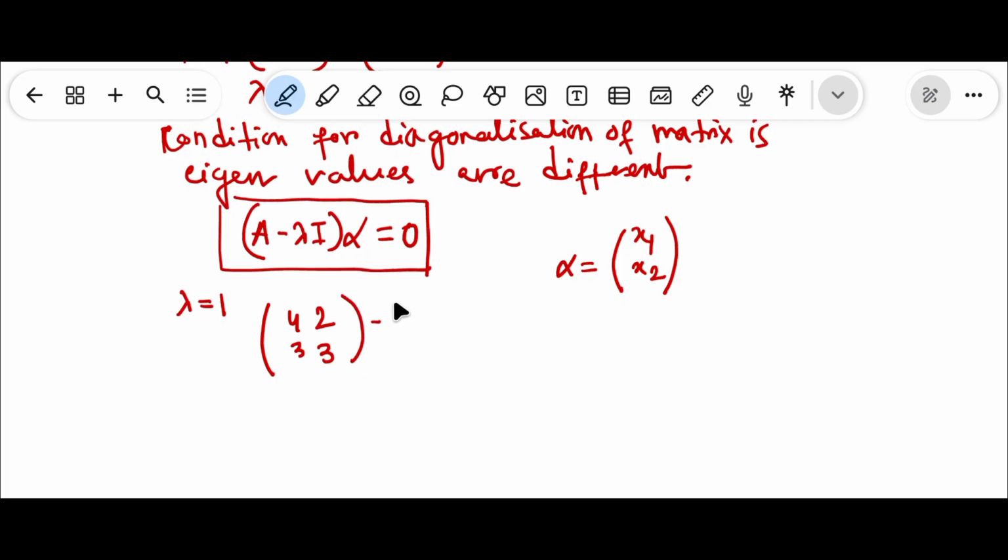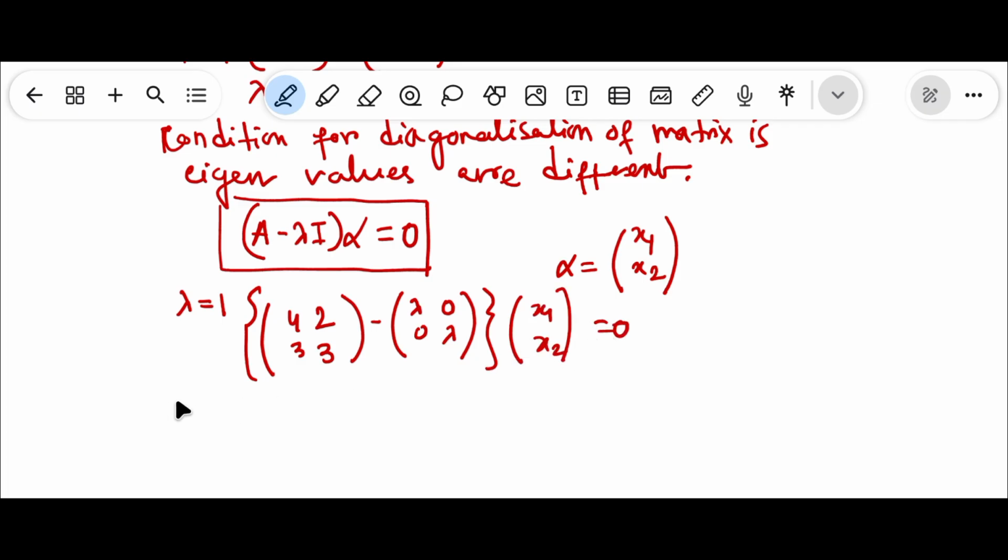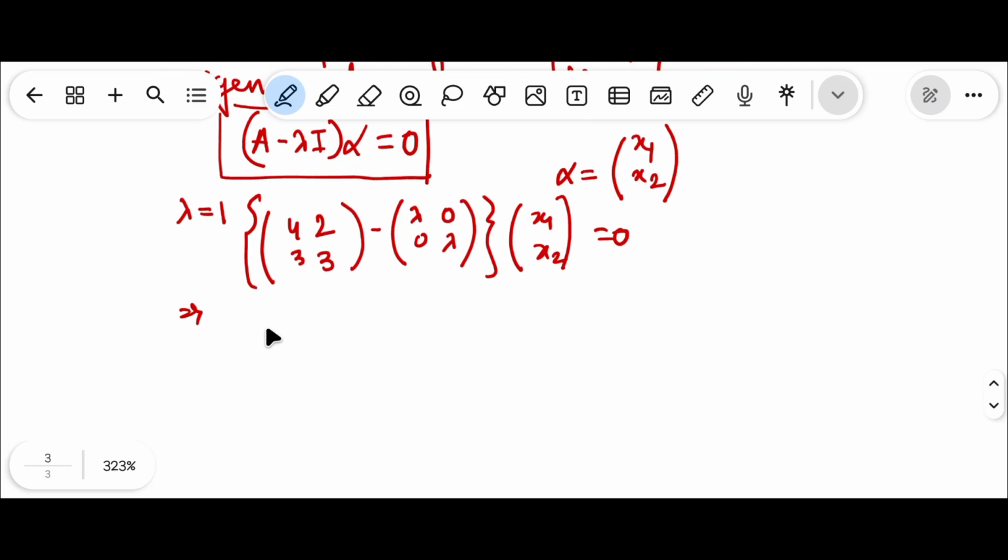We are going to find A minus lambda I, so therefore lambda 0 0 lambda, this into alpha, x1 x2, that equals 0.